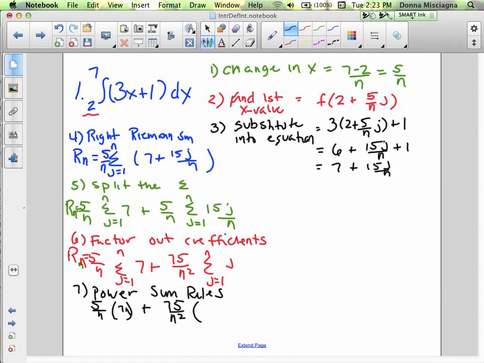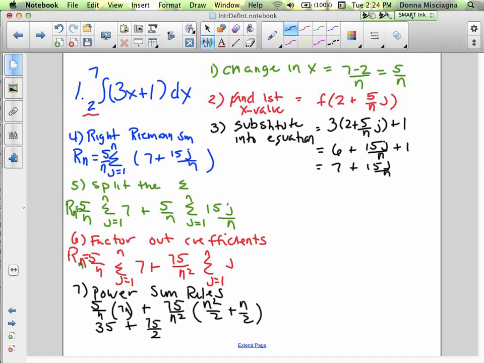That's going to be n squared over 2 plus n over 2. And we'll simplify it. So here the n's will cancel. This is 35. And then the second one, the n's will cancel. That'll be 75 halves.